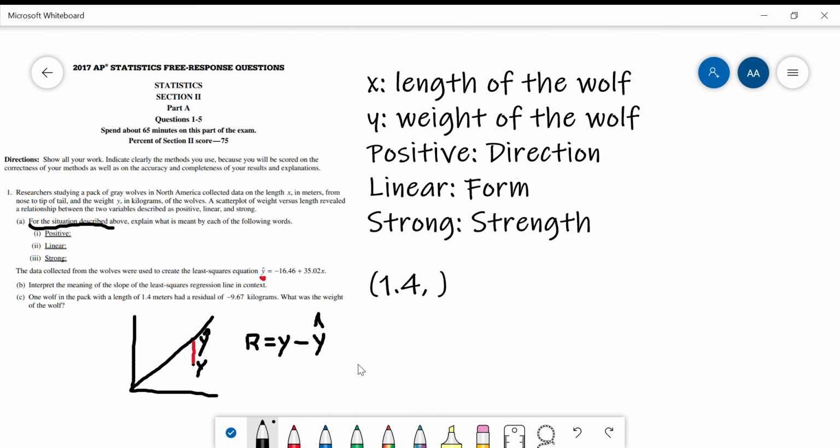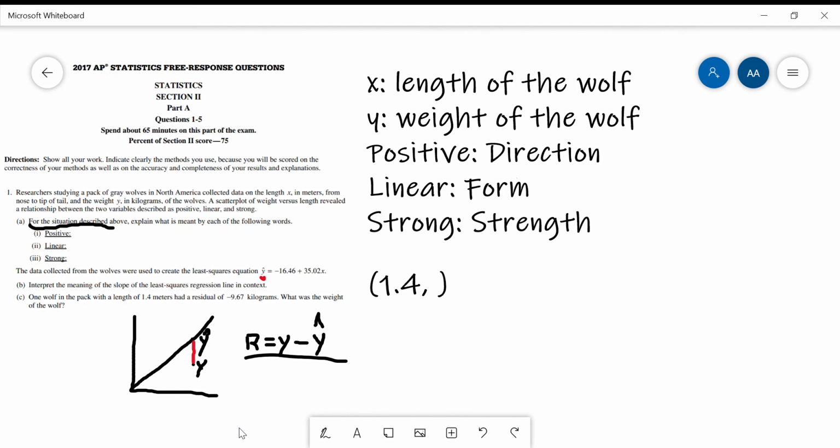Not the best drawing of y hat, but hopefully you got it. So this is the residual equation, and if we now try to find the residual, it's saying that it has a residual of negative 9.67.